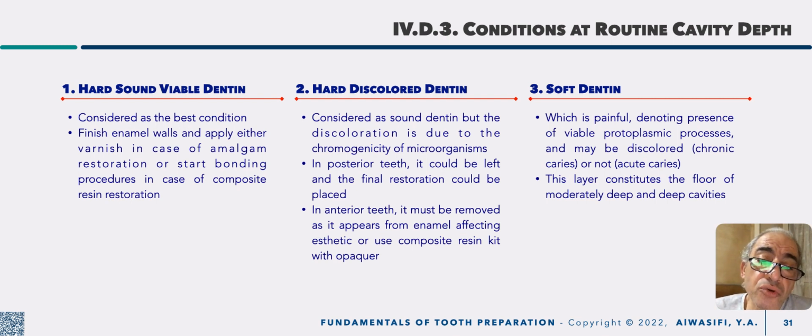But the worst condition is when you find soft carious dentine, which is painful, denoting the presence of viable protoplasmic processes, and may be discolored or not, and this layer will constitute the floor of a moderately deep or deep cavity. At this time, you should apply the previous guidelines we discussed a few minutes ago, considering whether it should be removed or not, because now we are dealing not only with defective tissues, but with the pulp that should be protected underlying these tissues.